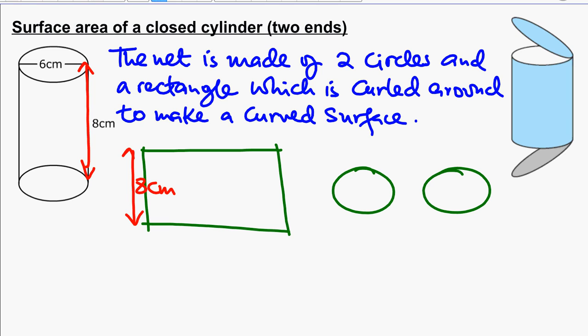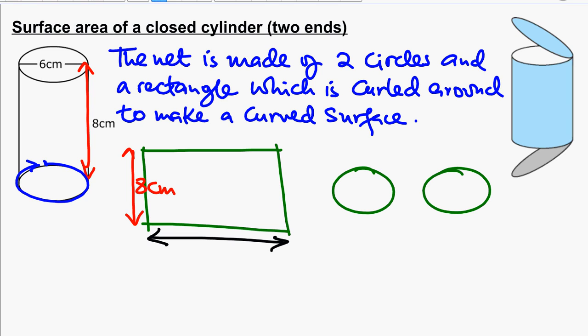The base of this rectangle is formed by this edge, all round.